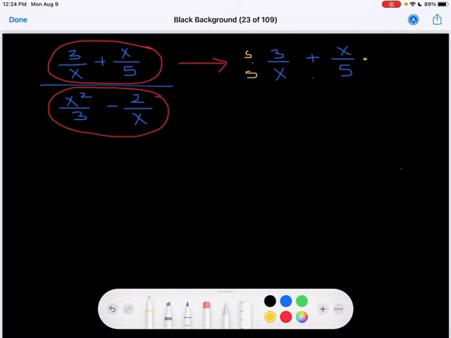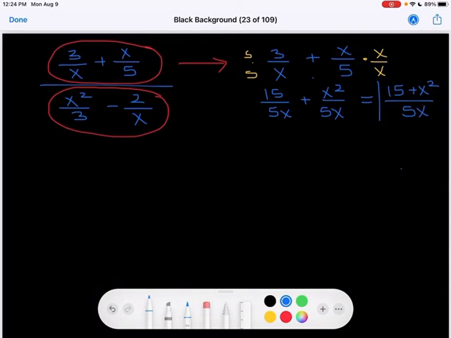So I need to multiply that by x over x. So I end up with 15 over 5x plus x squared over 5x, which is nice because now we've got a common denominator. And I can just write 15 plus x squared over 5x. Okay, so that's our numerator for our complex fraction.